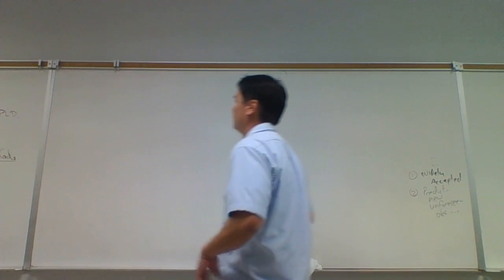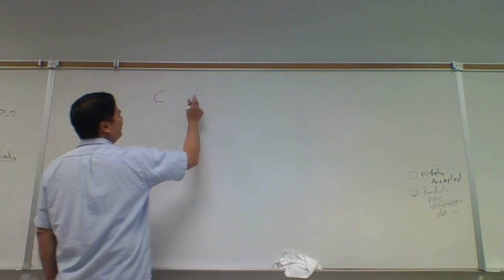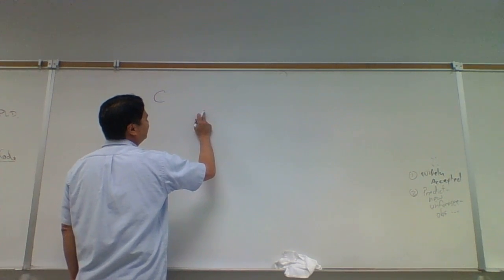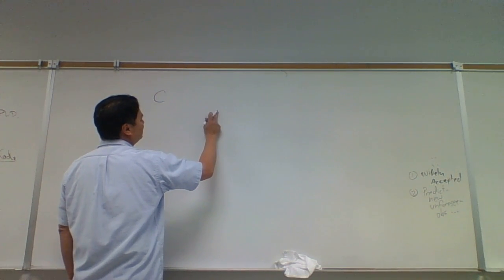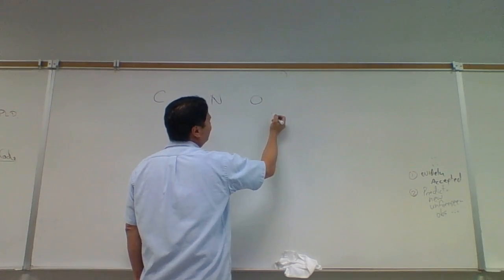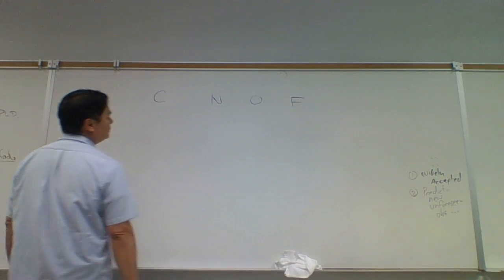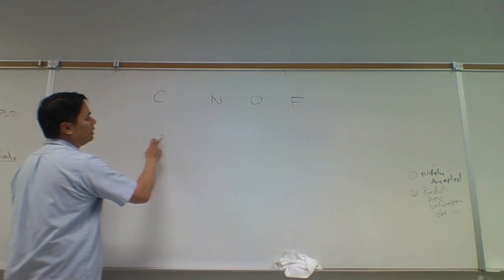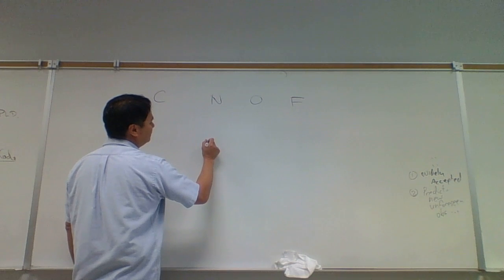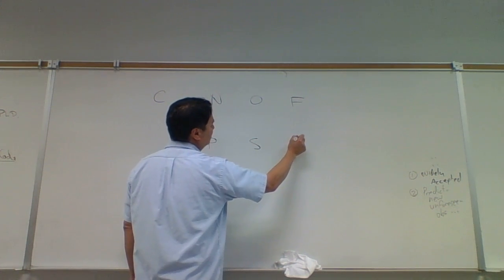Let's look at carbon, and what comes after carbon going left to right? Nitrogen, and then oxygen, fluorine. And then we'll look at what's under nitrogen. Phosphorus, and sulfur, chlorine.